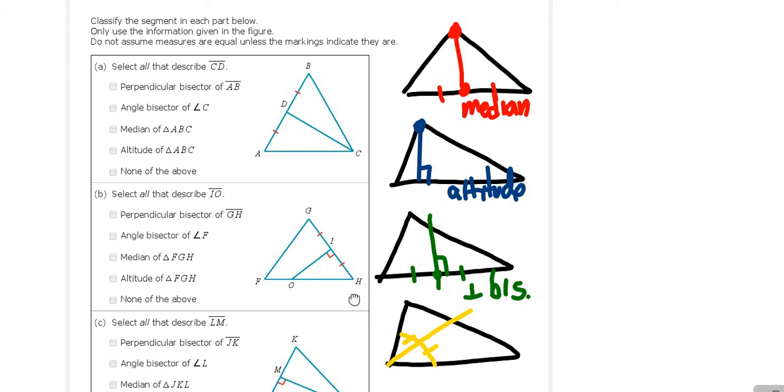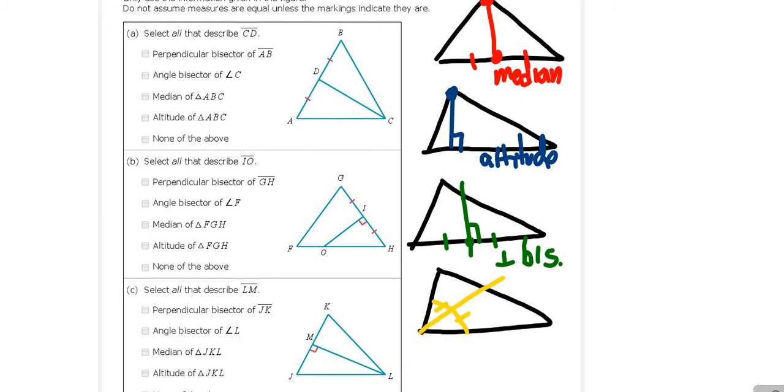So coming over here, you ask yourself, what do you notice? With the hatch mark, that makes that a midpoint, so it is a median. This one, note, it's at a right angle and through the midpoint. That is a perpendicular bisector. Vertex to a right angle, that's an altitude.